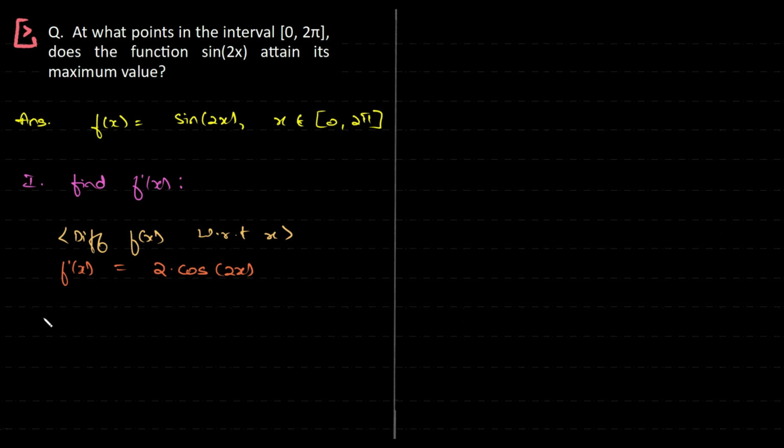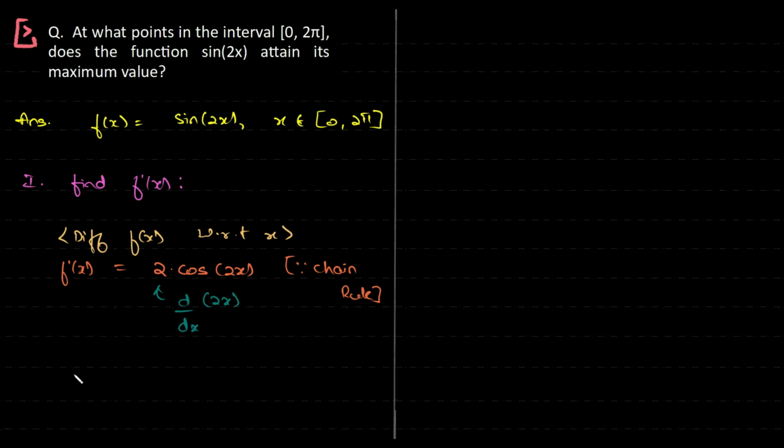And by the way, if you didn't get it, this is as per the chain rule. Differentiation of sine of theta is cos theta, and this 2 is because of differentiating 2x with respect to x. Okay, do you guys agree?